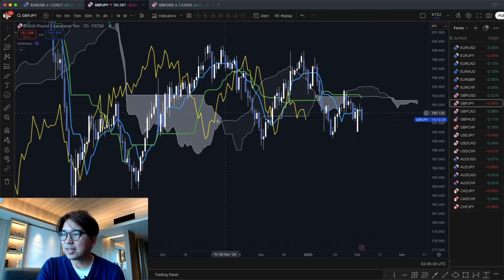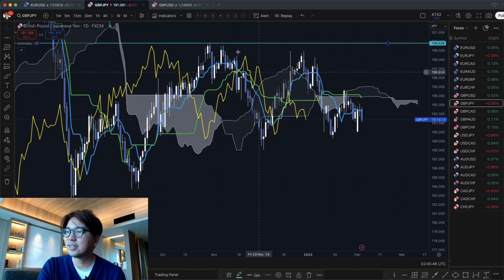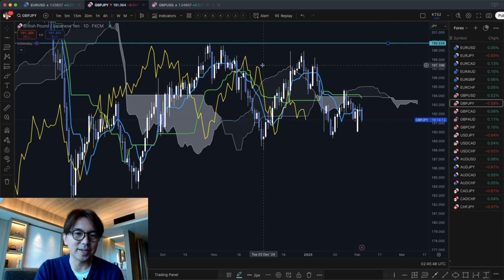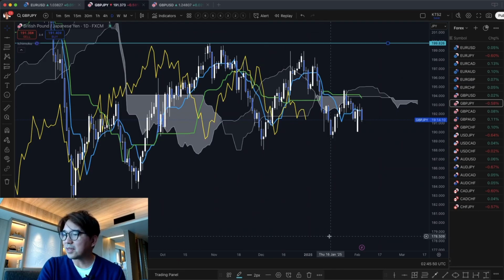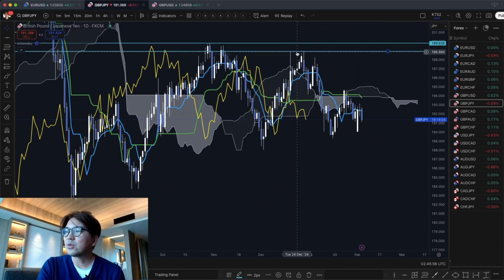First, when I look at the market, there is a high over here. This is a swing high on 199.85. So I put a horizontal line over here. This is, I think, pretty obvious. And also there is another resistance level below here too, so I draw these lines as well.